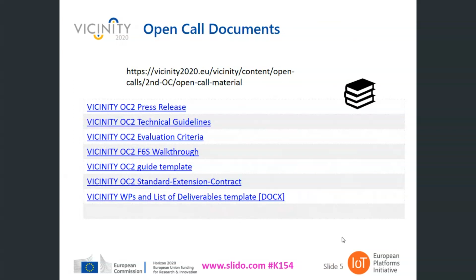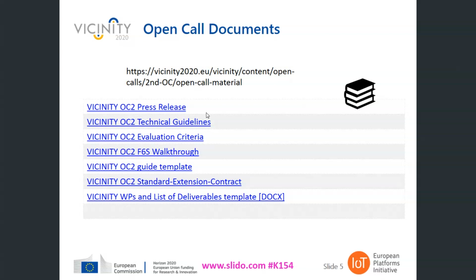This is the place where you can find the open call documents on the website. I keenly recommend you read this document carefully. You can find there the press release with a summary of the call, and the technical guidelines, with an overview of the Vicinity architecture, pilots, and the technical requirements. The evaluation criteria is a very, very useful document. Please read it, and try to answer the questions in the F6S form according to these evaluation criteria.